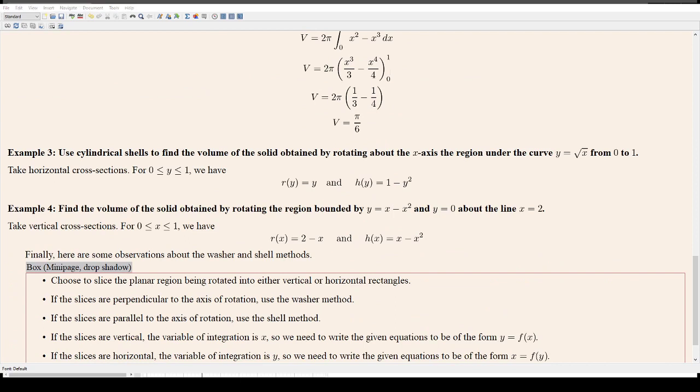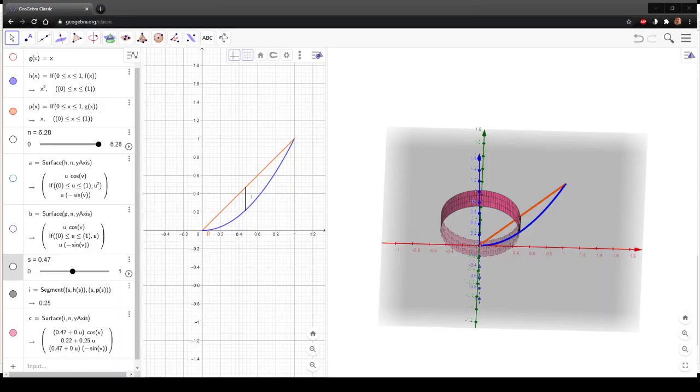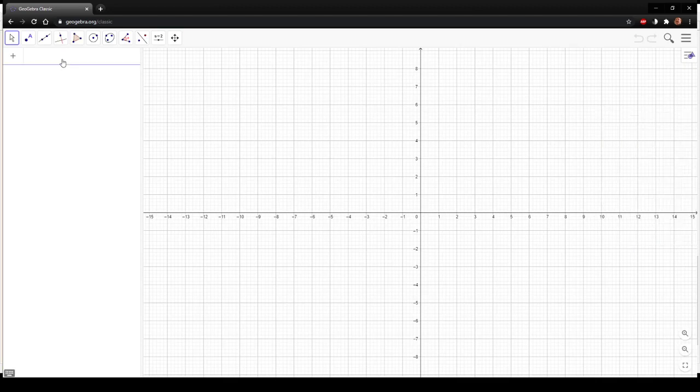Okay, next. Find the volume of the solid obtained by rotating about the x-axis, the region under the curve y equals root x from 0 to 1. Okay? So let's get a fresh slate.